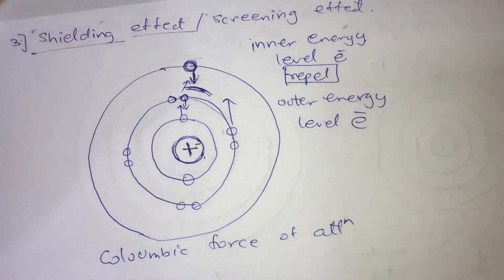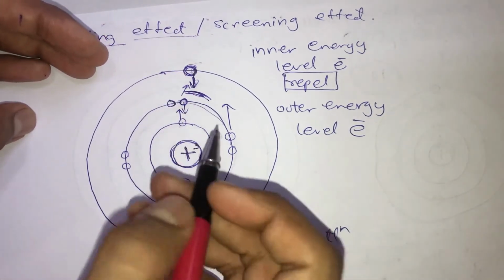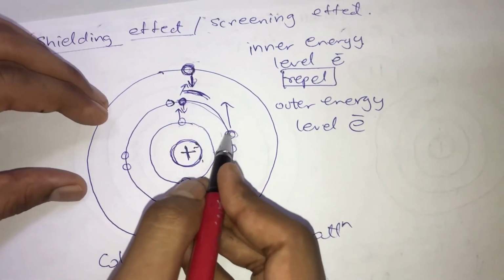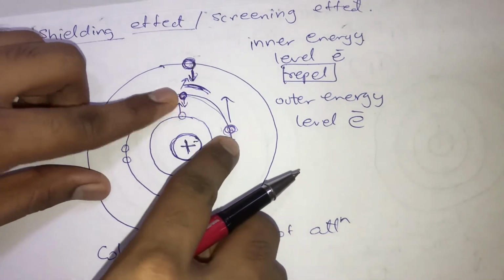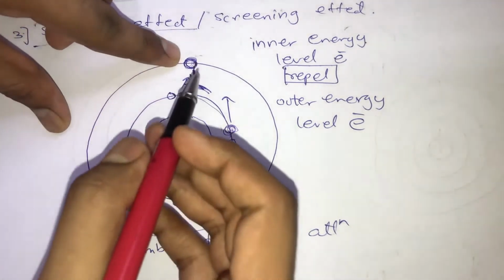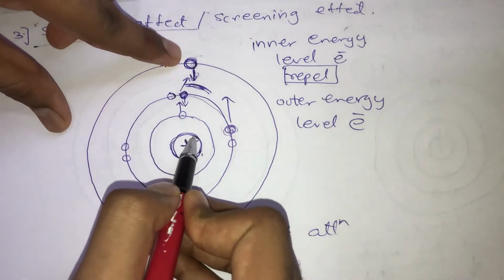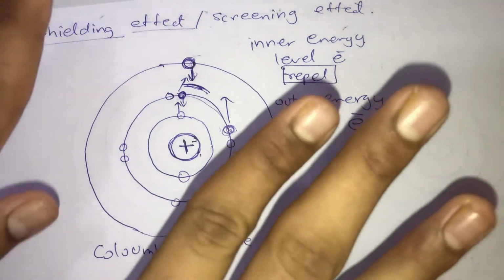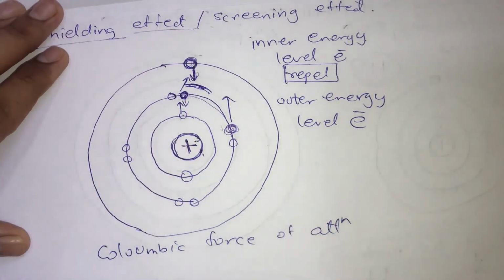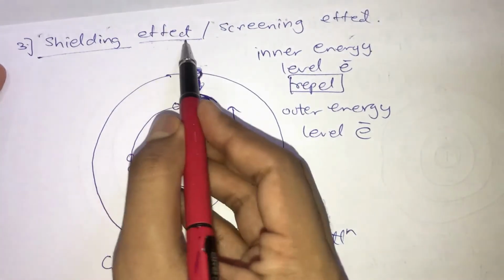The nucleus is trying to pull this negatively charged electron towards itself, but these electrons are acting like a shield for the third energy level electron, and they are not allowing it to come near the nucleus. They are trying to push it away and help it to not get pulled towards the nucleus. I hope you have understood what the shielding effect is.